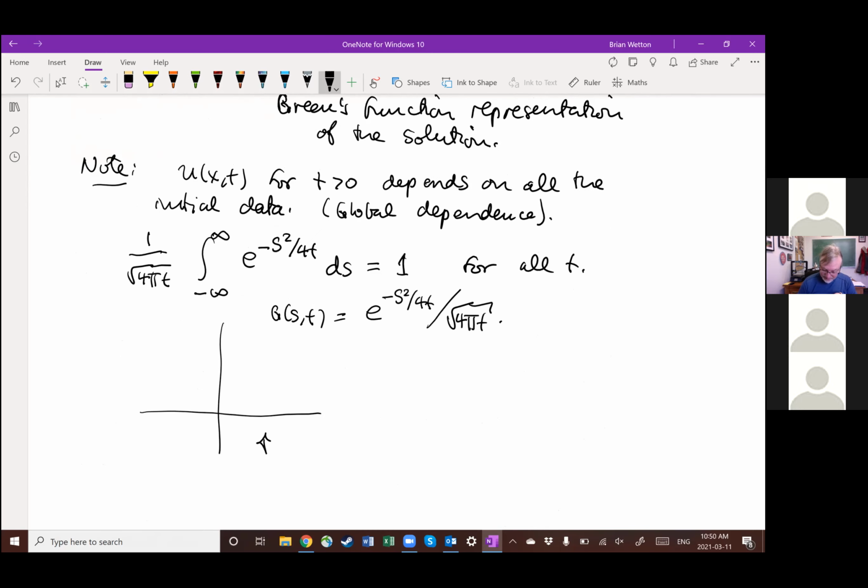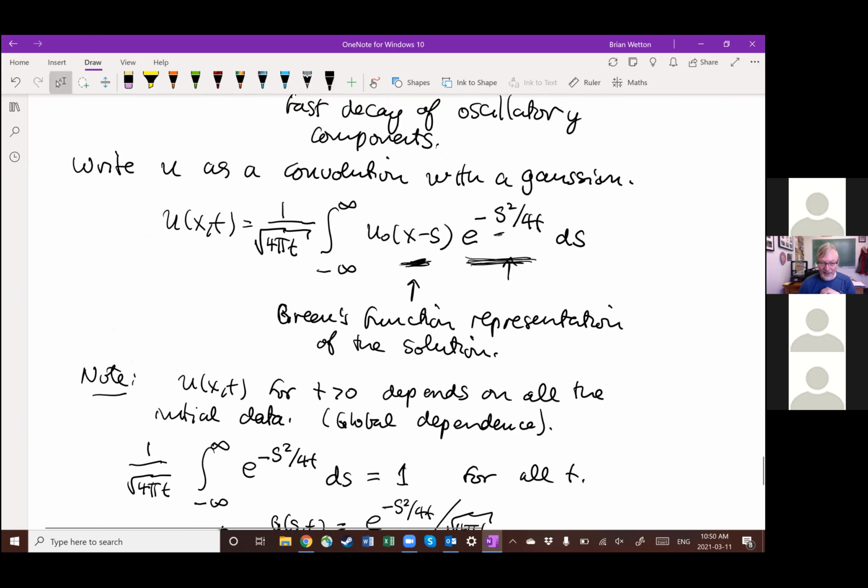If I look at that for t small, right, then I'm dividing by something big, right? But my Gaussian is very narrow, right? And if you're comfortable with the idea of a delta function, then formally, as t goes to 0, you get a delta function, which is exactly what you would expect, right? Because when you're at t equals 0, you should be seeing the initial data at that location, right?